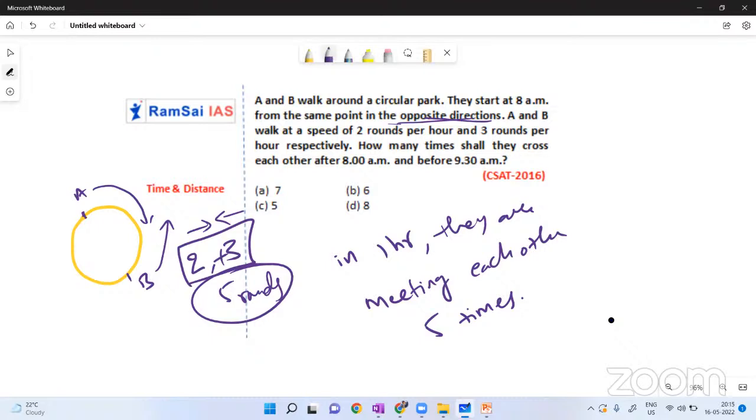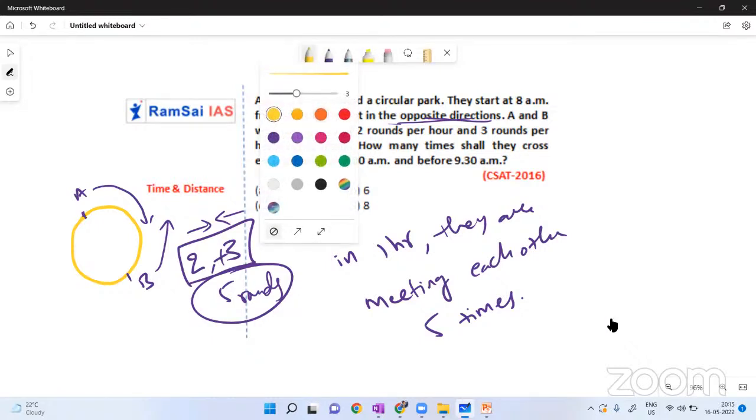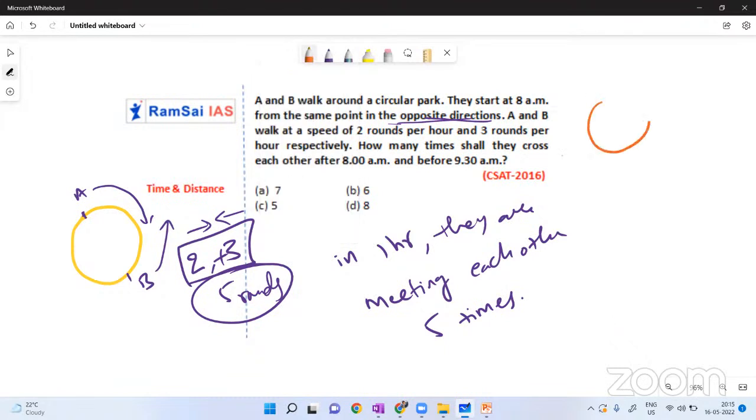But if you use common sense here again, okay, just let me change the color. Use common sense. This is a circular line. Just make it as a clock. 12, 3, 6, 9. Okay, in 1 hour they are meeting 5 times. So let me divide. 5 times means total 60 minutes, for each 12 minutes they meet each other once. So this is our imagination.